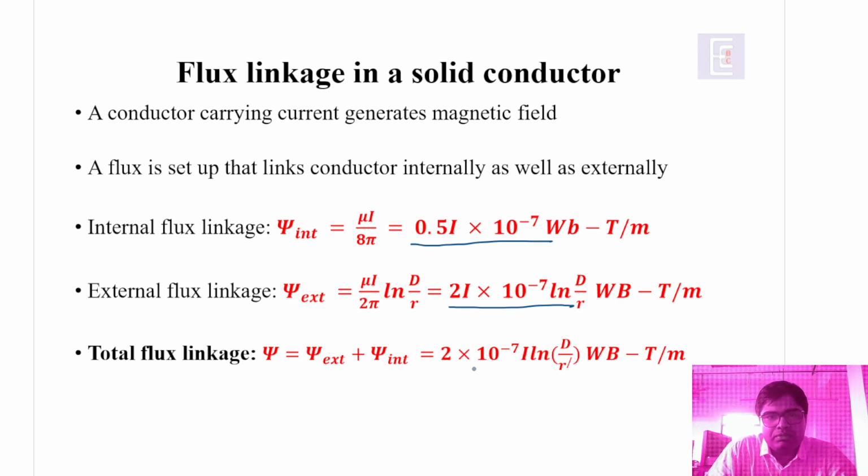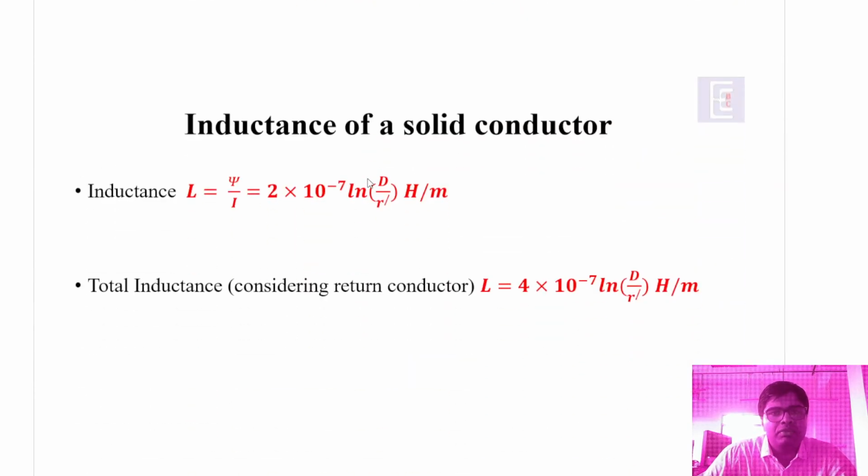So we have the total inductance, and finally the inductance of a solid conductor is given by 2 into 10 to the power minus 7 ln d by r dash.